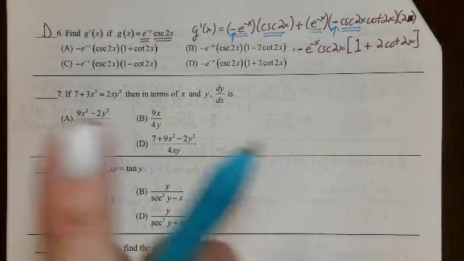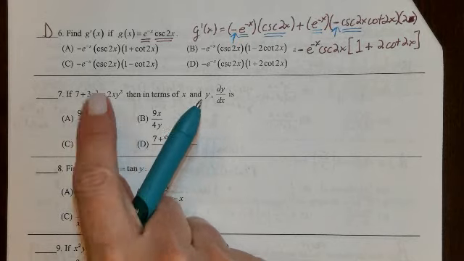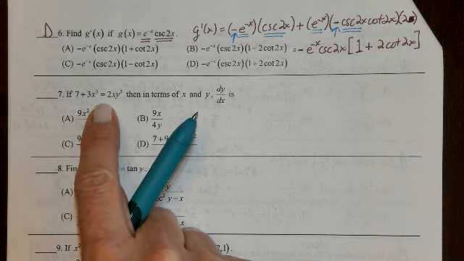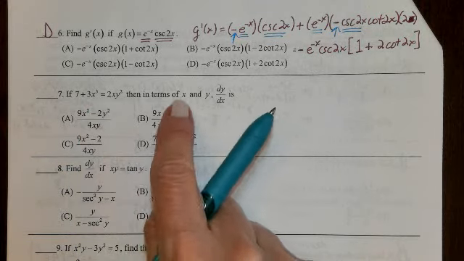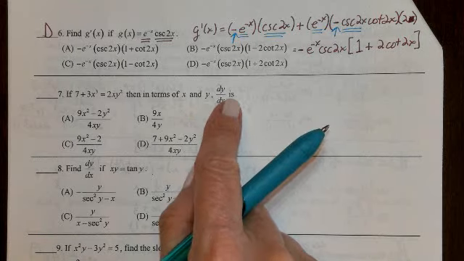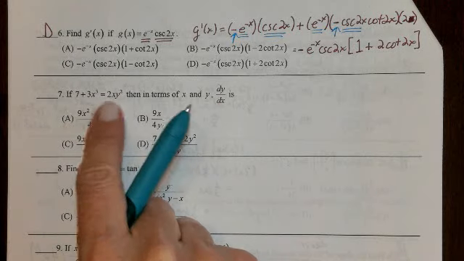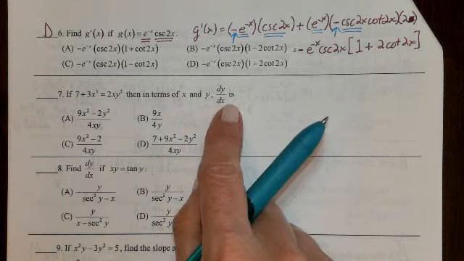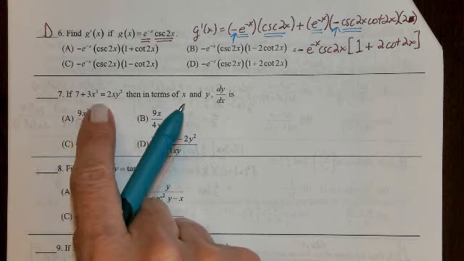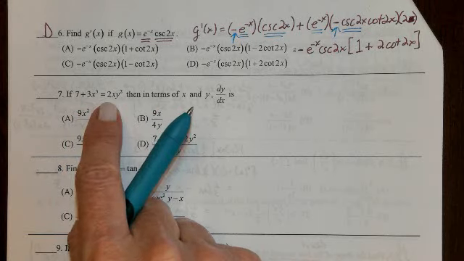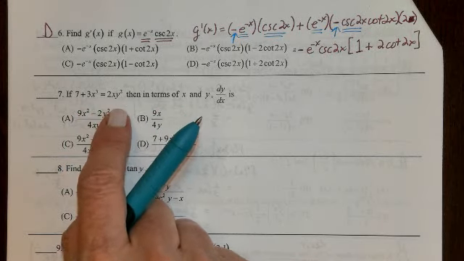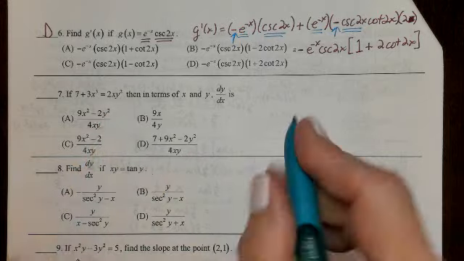Okay, number 7. If this is our relation, then in terms of x and y, dy dx is what? So here's our equation, and we want to find dy dx. This is not going to be pleasant to solve for y. I would rather take the derivative implicitly, so that's what I'm going to do.